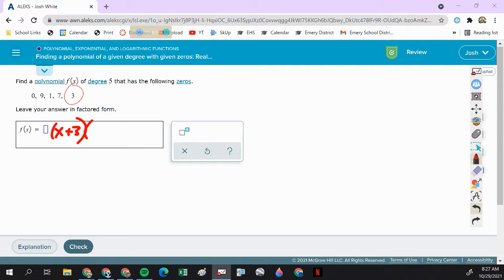And another one would be x minus 7. And another one would be x minus 1, and x minus 9, and x plus 0, or x minus 0, which is really just x. And then you have to multiply all those together.